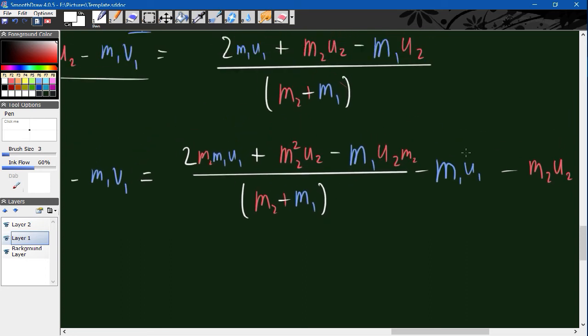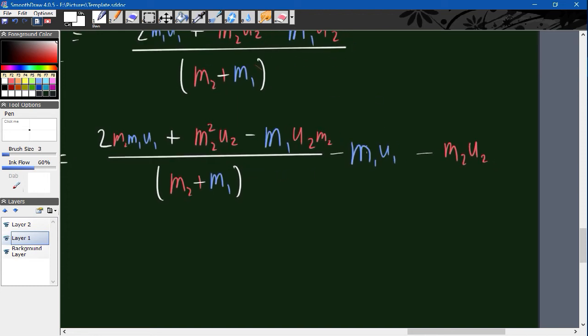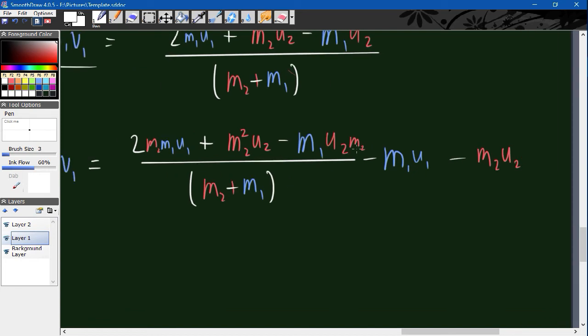Then, just so we have the ability to mix these things up, we need to multiply m2 plus m1 to both of these, so we could put all of them over one denominator.